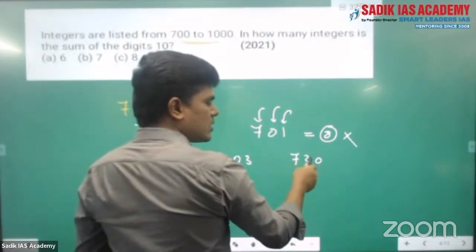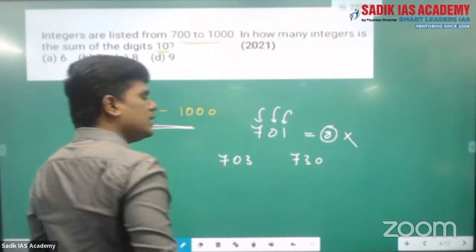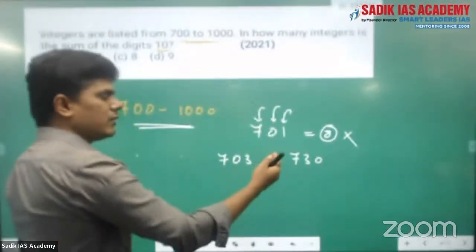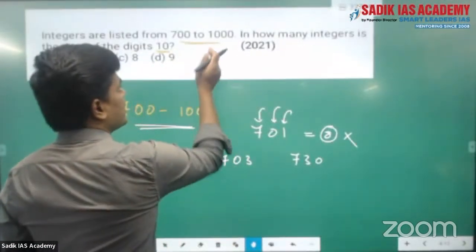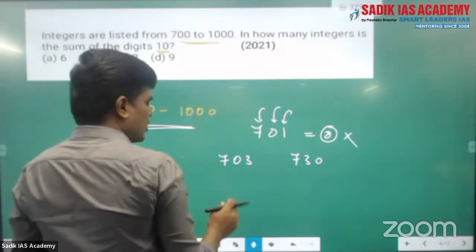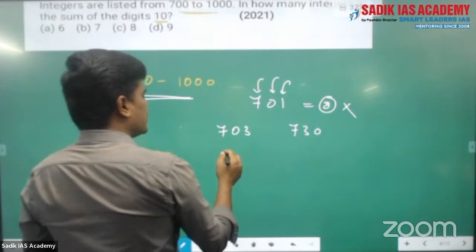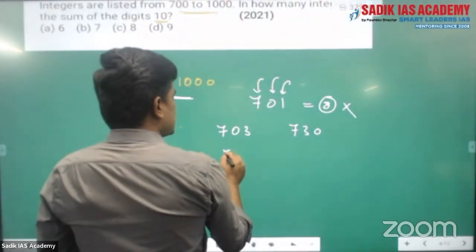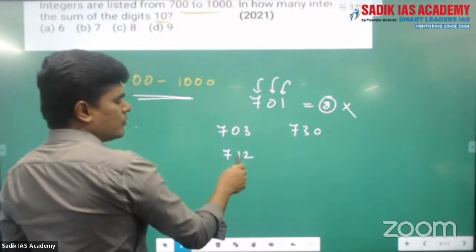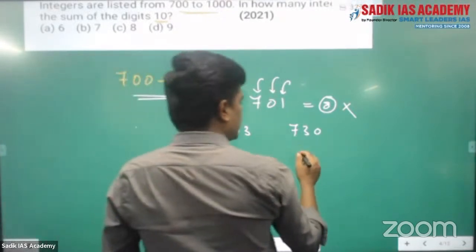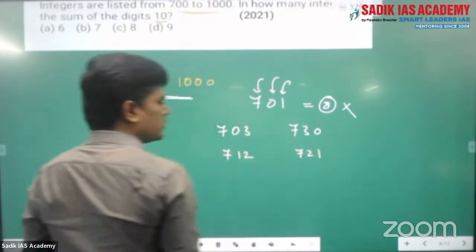This is a different number, and if I add all the digits, I get 10. What are the other numbers between 700 and 1000? We have 712. If you add all three digits, you will get 10 again. If 712, then 721 is also a number.